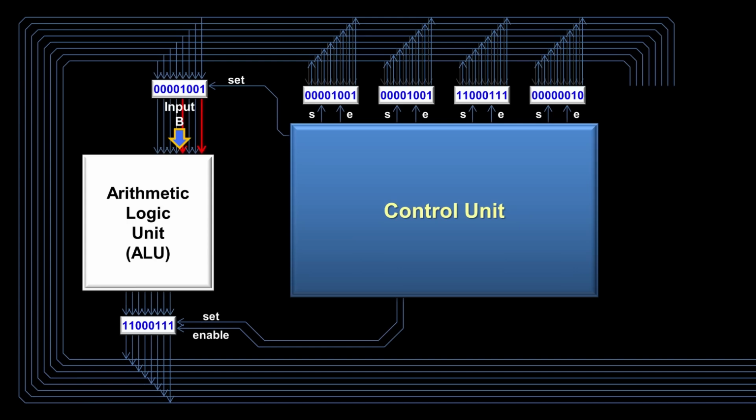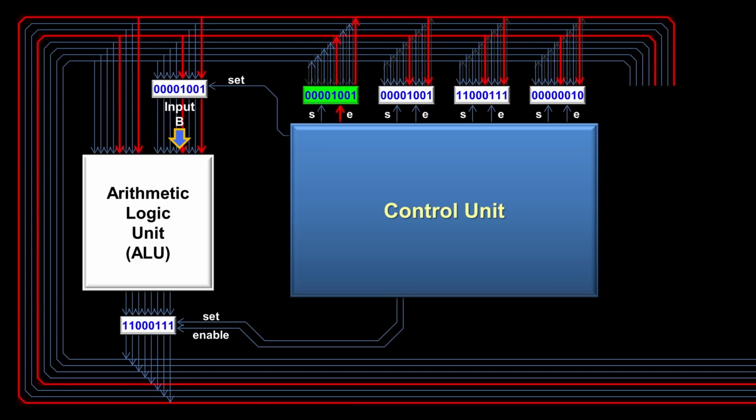The other input to the ALU comes directly from the bus. The control unit will enable another register, and that number will become input A to the ALU. That number stays on the bus until the ALU is finished processing the instruction. And so now there are 2 inputs to the ALU, and we're ready for the ALU to perform an operation. As we saw earlier, the control unit knows what operation to tell the ALU to perform because of the instruction it receives from RAM.